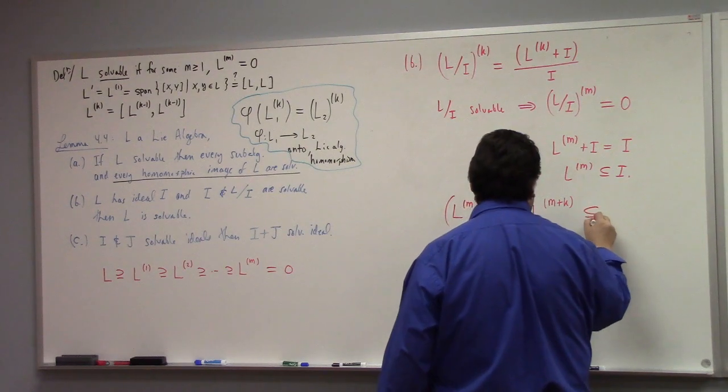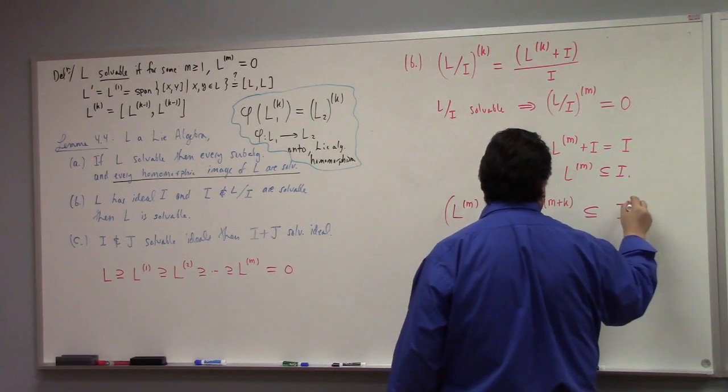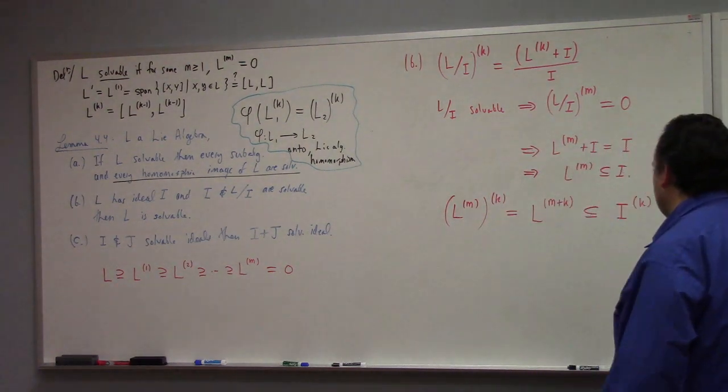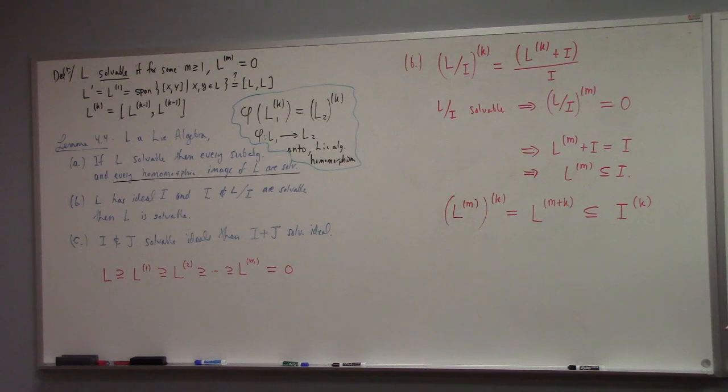And so that would be a subset of I^(k). And are we saying that I^(k) is 0?